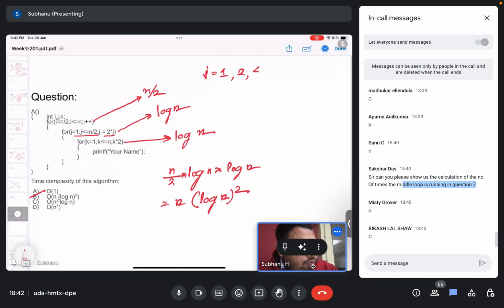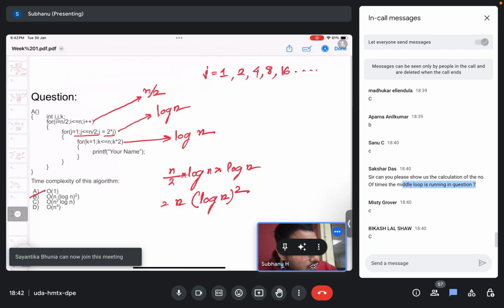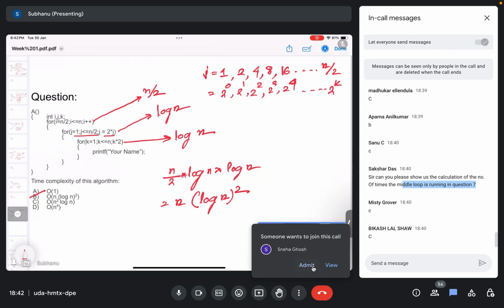So there will be 2, 4, 8, 16, like this. J will stop when J is n by 2. So you can see here that this is 2 to the power 0, 2 to the power 1, 2 to the power 2, 2 to the power 3, 2 to the power 4. This will be 2 to the power k.